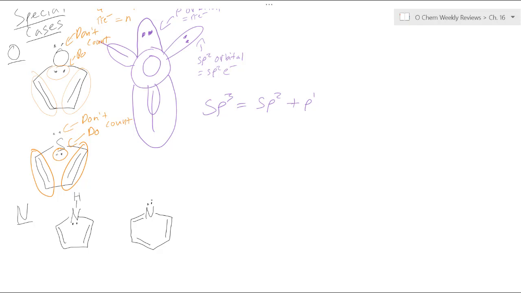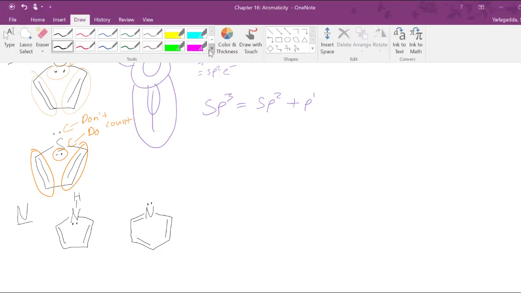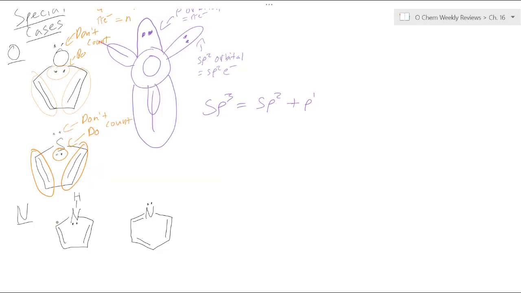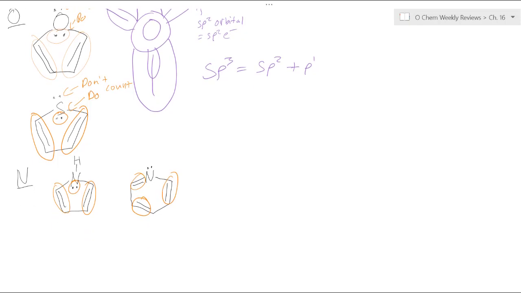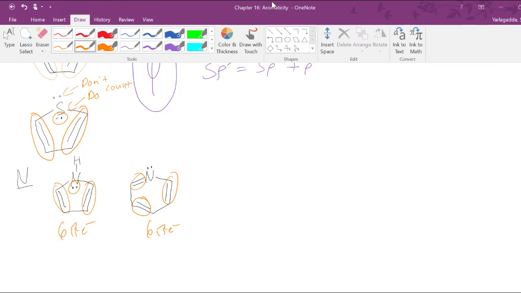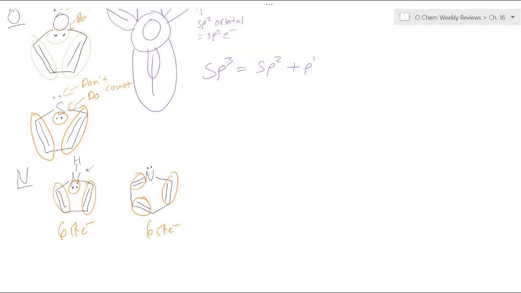Now, only 1, 2, 3, those count, and only 1, 2, 3, those count. So both of these are 6 pi electrons, but for different reasons. Okay. So again, here you count. Here you don't count. Okay. Does anyone know why?